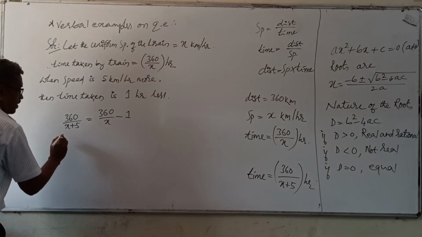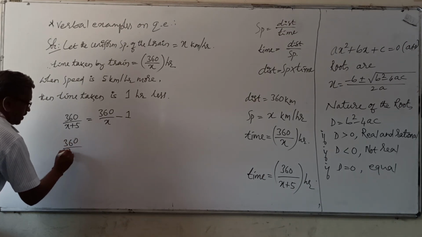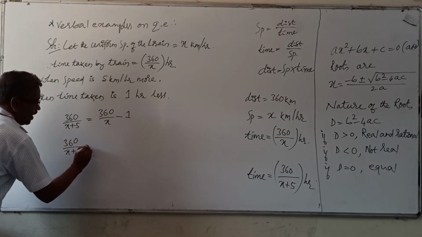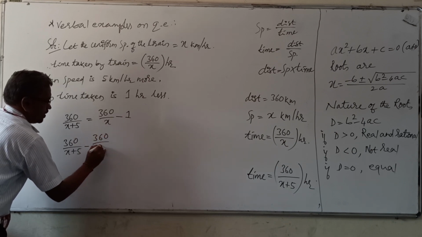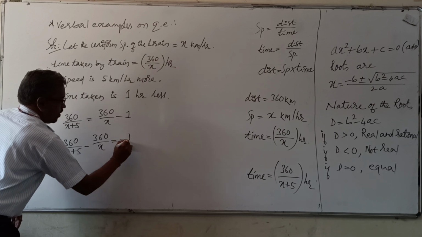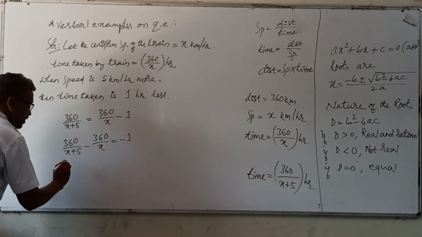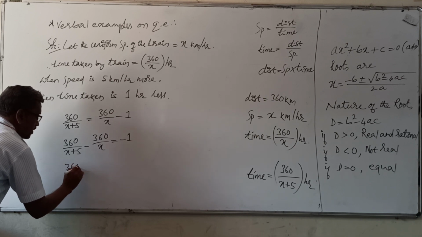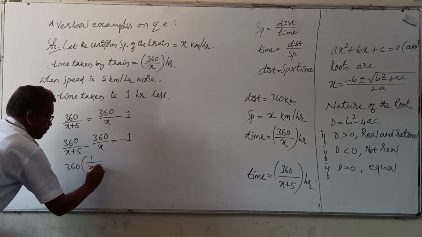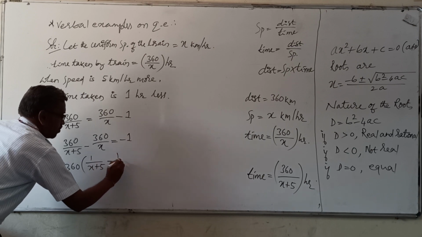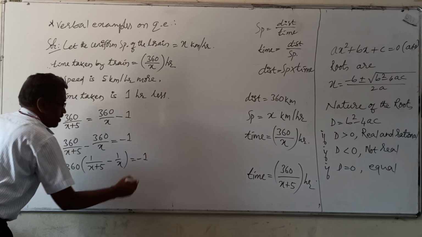So now it gives 360 divided by x plus 5 minus 360 by x equal to minus 1. Simplification. So taking 360 out, 1 upon x plus 5 minus 1 upon x equal to minus 1.